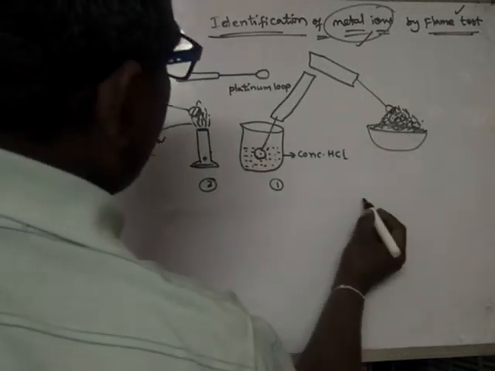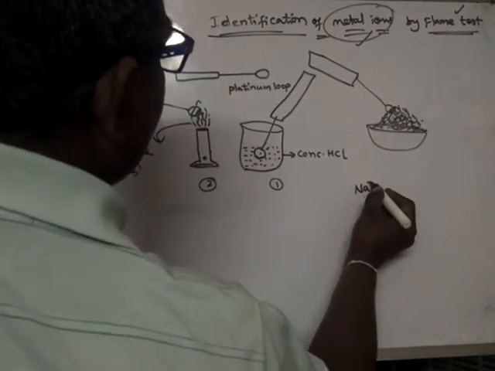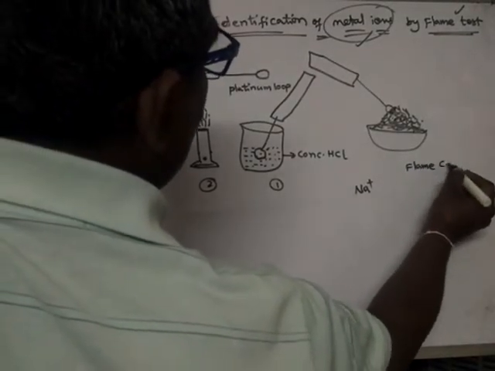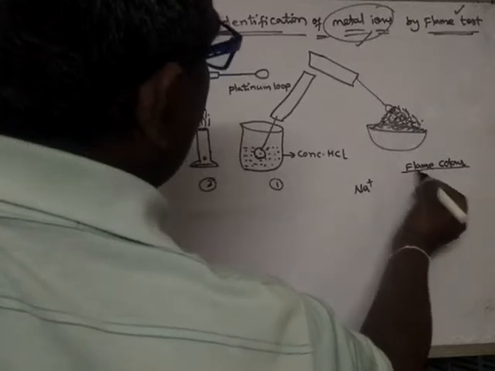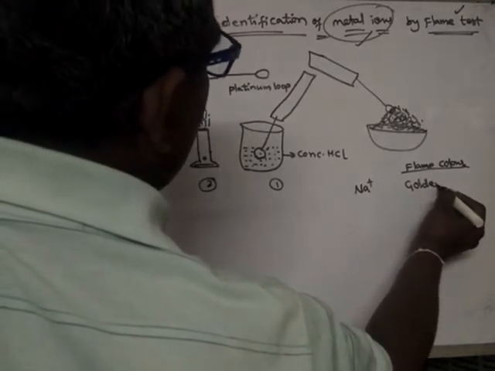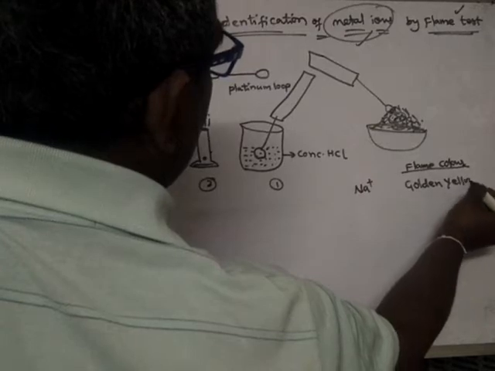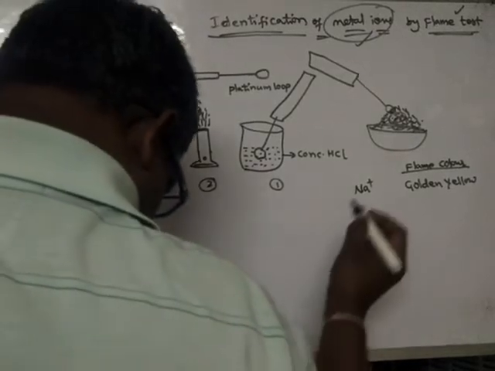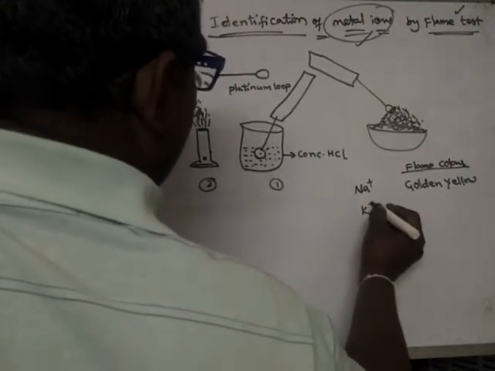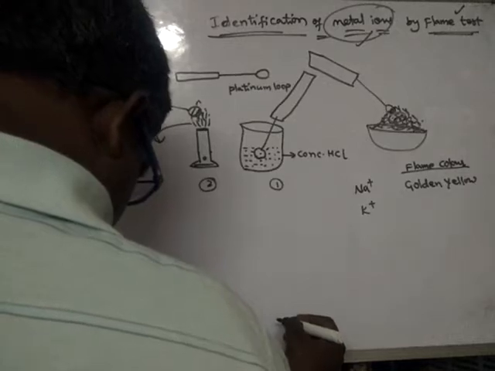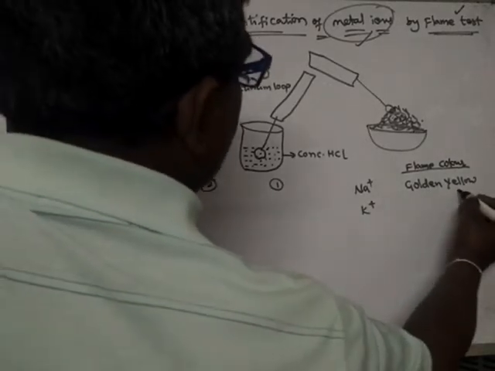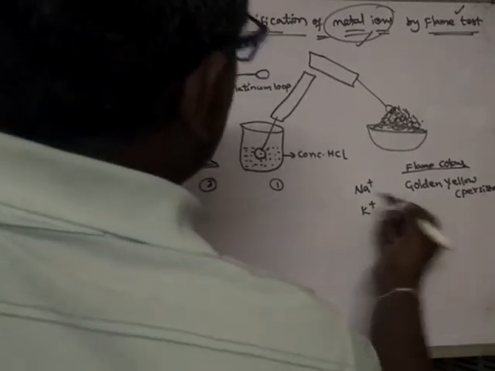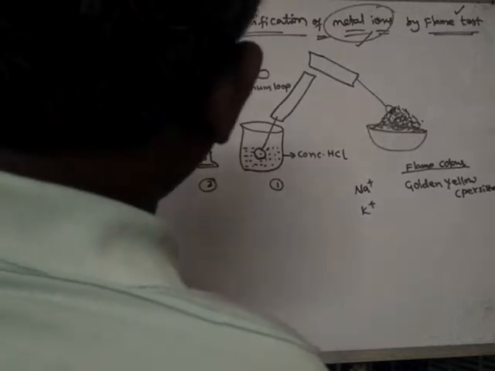Suppose this compound contains sodium ions, then the flame color will be golden yellow. It is persistent, which means the golden yellow will not disappear.